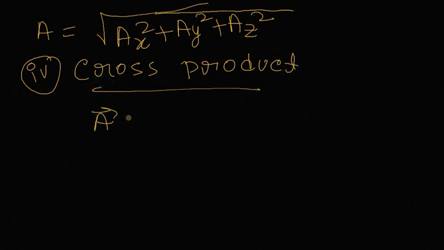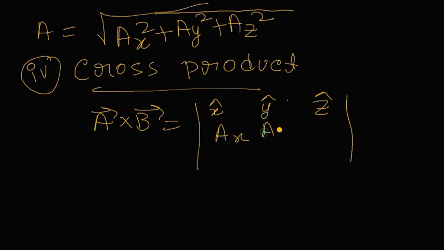That means A cross B is written by x cap, y cap, z cap, Ax, Ay, Az, Bx, By, Bz.